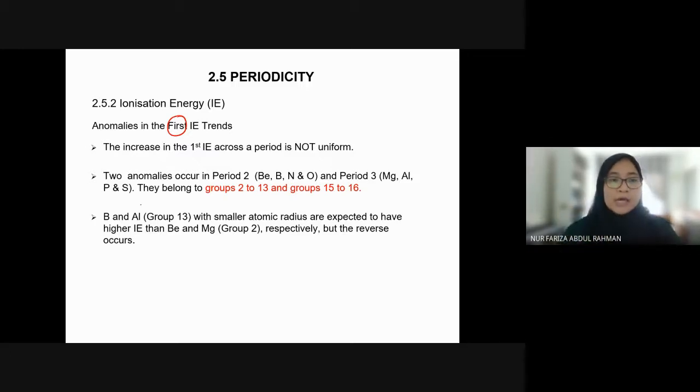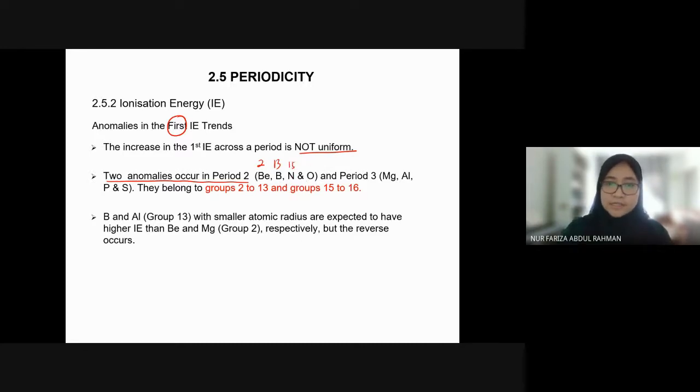Okay, the increase in the first ionization energy across the period is not uniform, so that is why we call it anomalies. Okay, so based on general trend, the first ionization energy should be increasing. But we have two anomalies occurring in period 2 for group 2 and group 13, beryllium and boron come from the same period, and the same goes to nitrogen and oxygen, they also come from the same period.